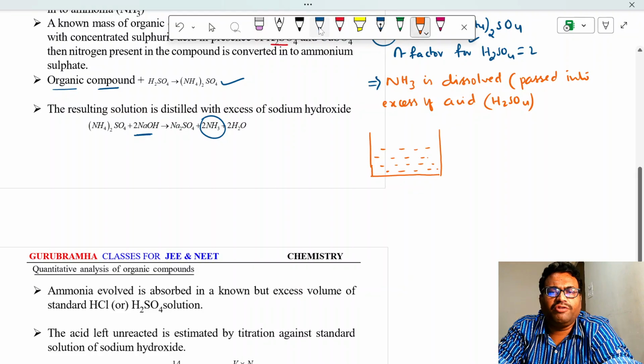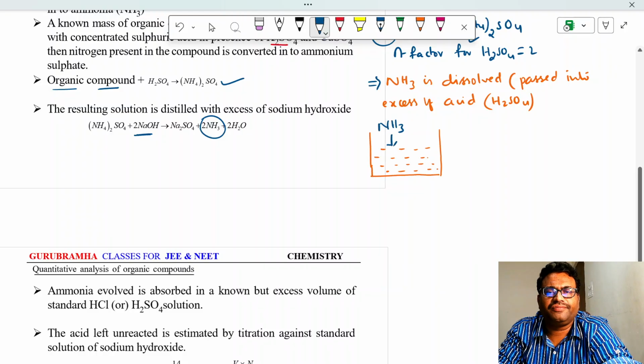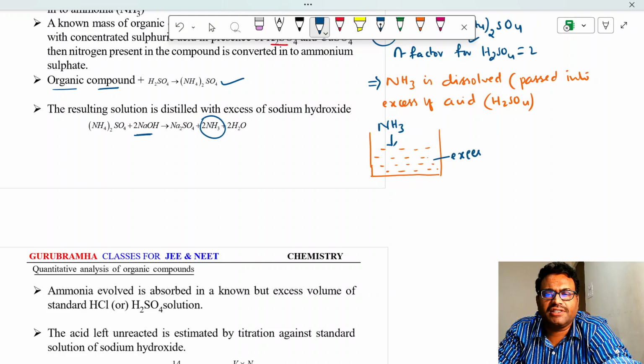So when you are passing NH3 into this, some NH3. So what is this? Excess H2SO4. After passing NH3 into excess H2SO4, some H2SO4 will remain unreacted.